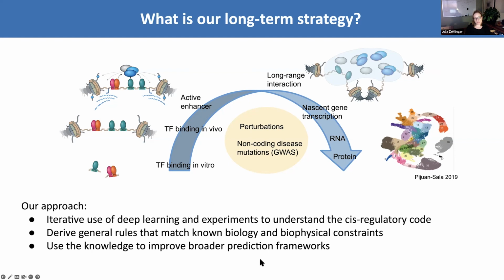Overall, the goal is to use this knowledge to eventually have broader predictive frameworks that might be able to predict gene regulation in cell types where we haven't gotten that much information. Of course, how do we get there? I think there are a lot of pieces that we need to put together. So we're really focused on tying it back to mechanisms. Of course, there could be computational innovations that would also really help, or large-scale datasets, which are also tremendously helpful. But this is the approach that we are taking.